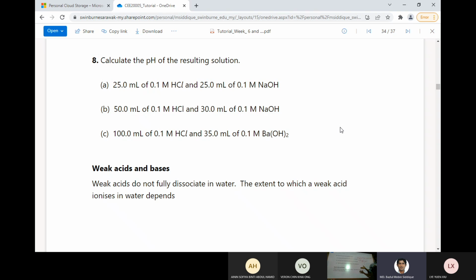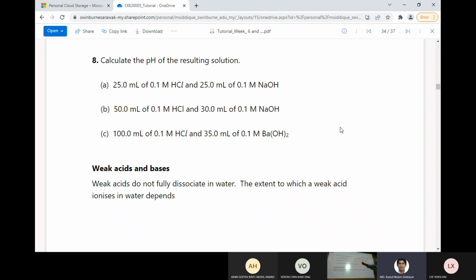If it was not 100, then what will happen? Whichever is less will finish first. Whichever is extra will stay there. So if it were X amount, it will exactly react with X amount. Same concept.